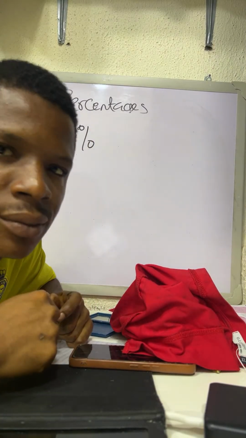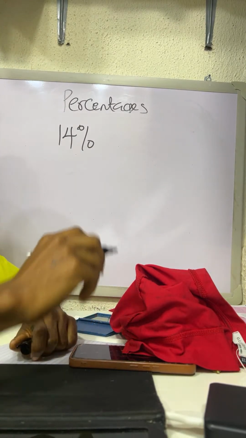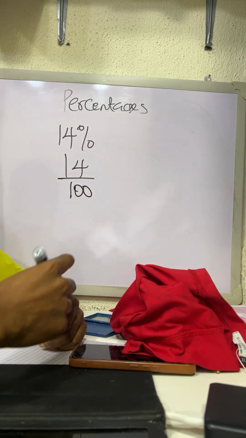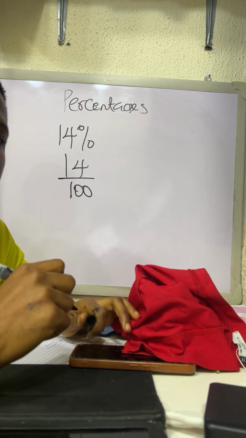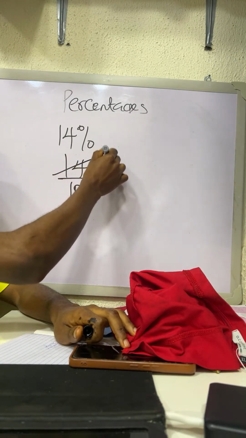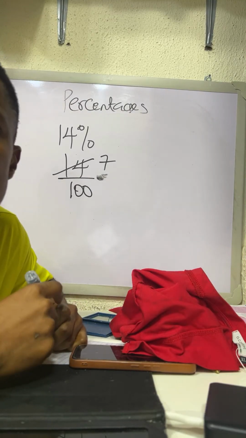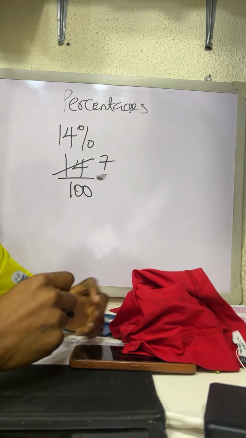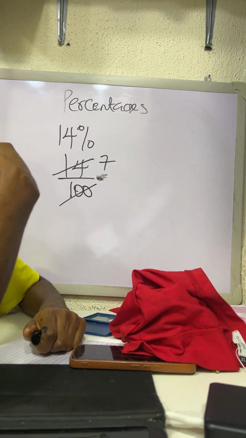Are you following? 14%. We first of all convert it. 14% can be seen as 14 over 100, right? So if you have 14 over 100, how do we convert it? 2 can divide 14 to be 7.